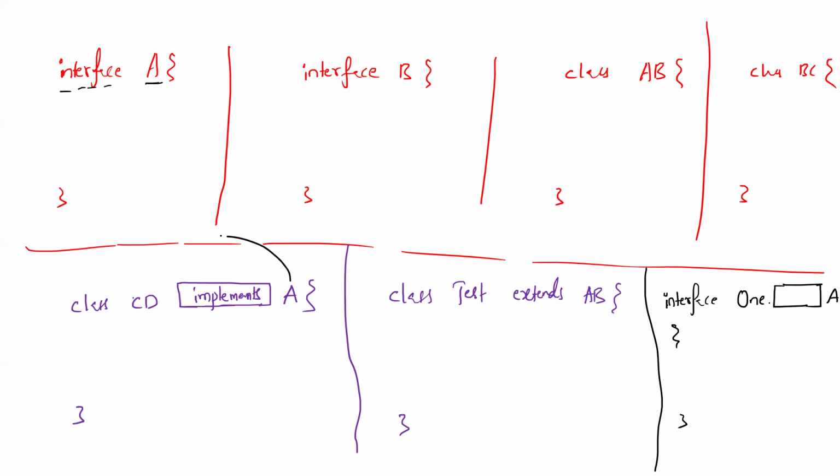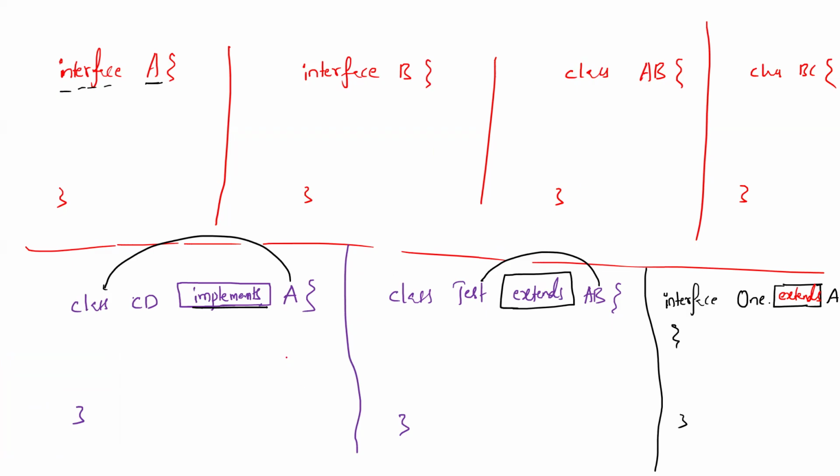For a class to an interface, implements is the keyword. And class to class, extends is the keyword. Then interface to interface, both are interfaces only. Is it possible, first of all? If yes, what's the keyword? If no, why? So for an interface to inherit another interface, extends is the keyword. It is very simple.